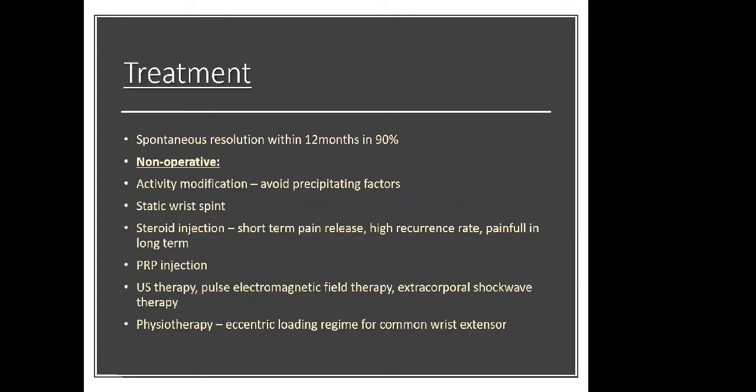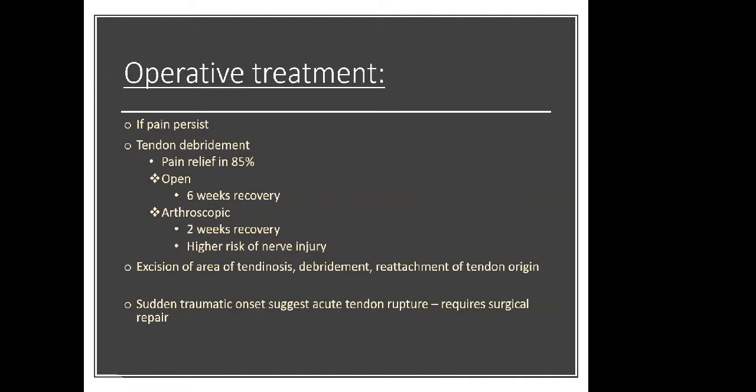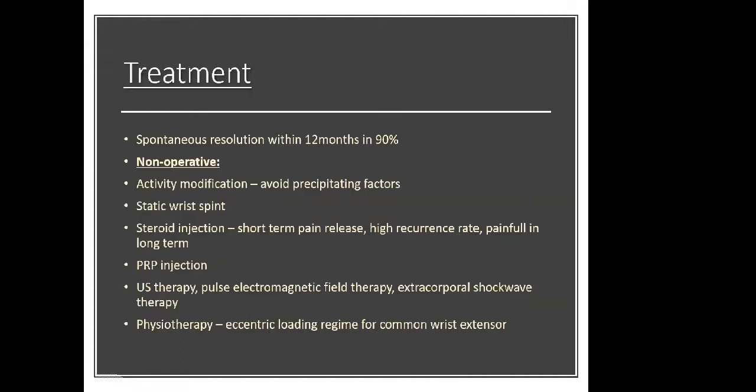So treatment is actually almost the same for all the tendinopathies around the elbow. We start with non-operative treatment, after that operative treatment. Non-operative treatment is activity modification by avoiding the precipitating factor, and also rest with a splint. Steroid injection or PRP injection can also be done.